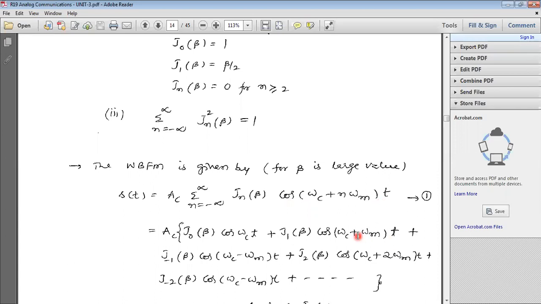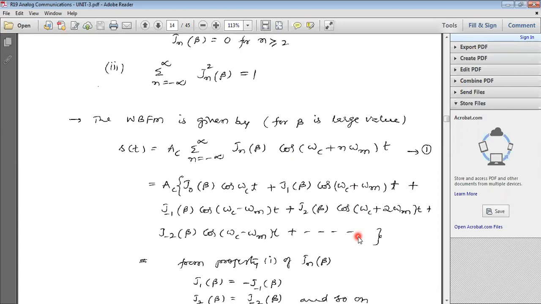Now expand this expression, that is, take n equal to 0, n equal to 1, n equal to 2, and so on. First take n equal to 0. For that we have cos((omega_c plus 0) t).